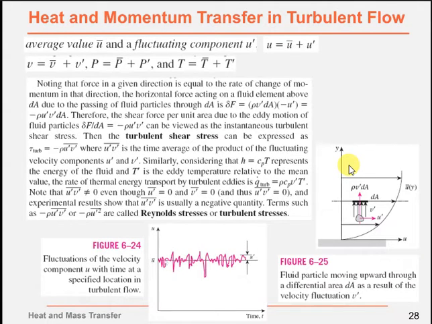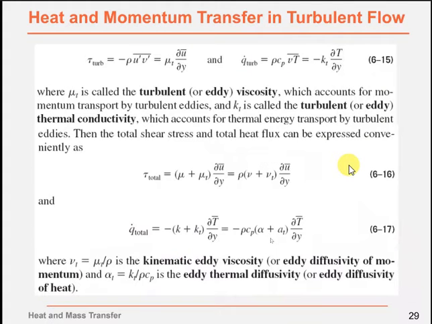And look at this figure. This figure shows the average u velocity, and this is the fluctuation of the velocity. So just now we said in turbulent flow there are swirling eddies to enhance the heat transfer.